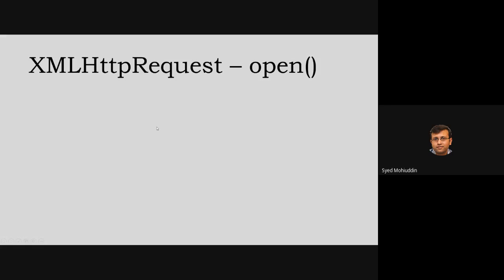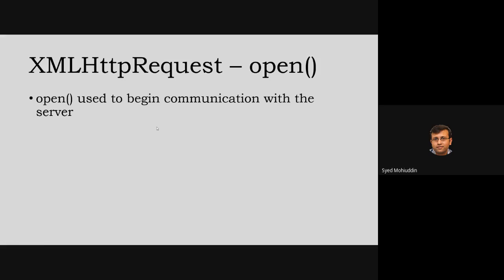Now let us talk about the open method of the XML HTTP request object. Just now we have seen it in the example program. This open method is used for communication with the server. XHTTP is the object, though we can give it any name, dot open.